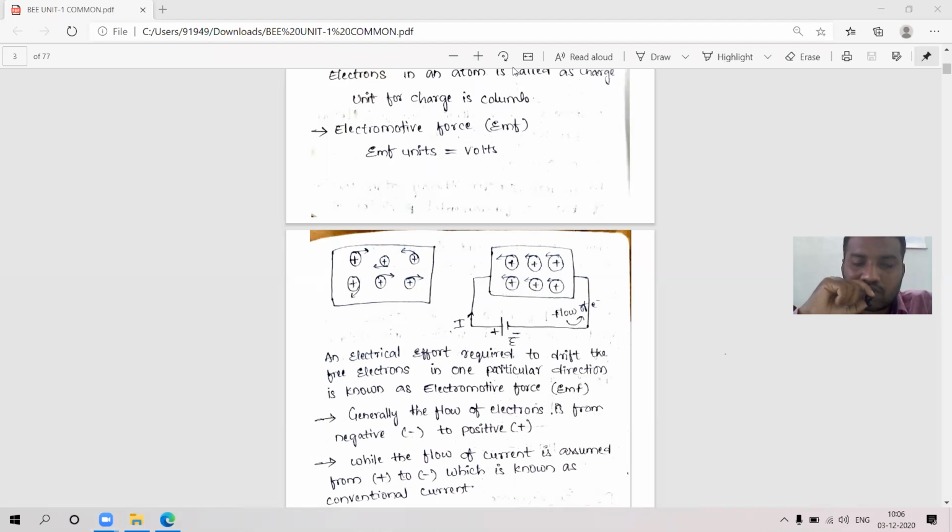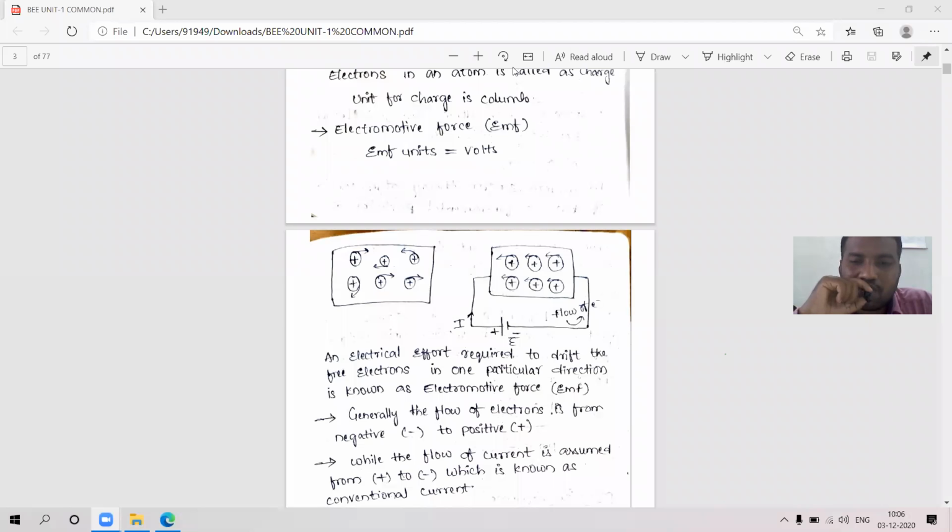The arrow mark is given now. In the first figure A, you can observe that the arrow marks are in random positions. I have taken some 6 particles, all aligned randomly, but when I applied one source to it, they are aligned in one particular direction.